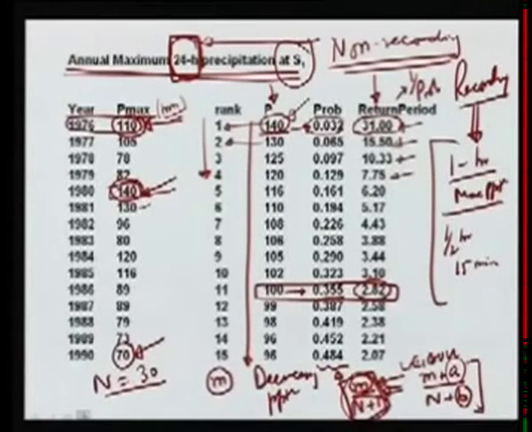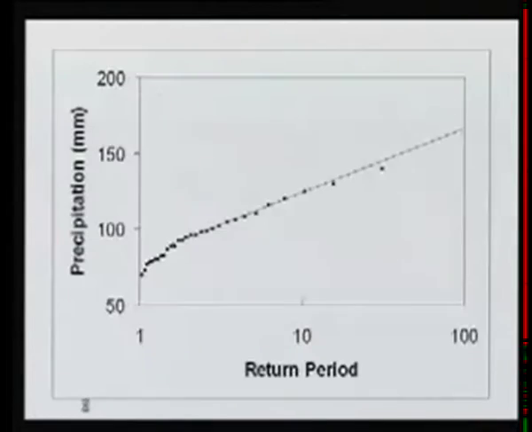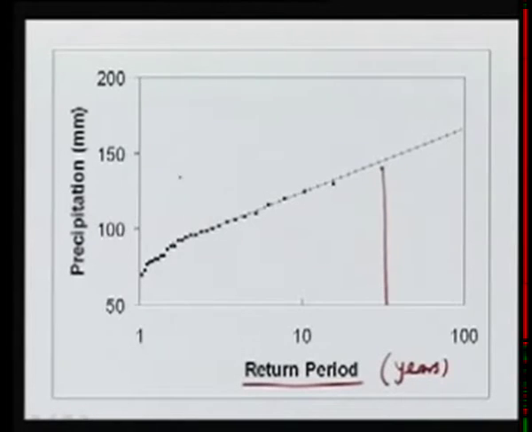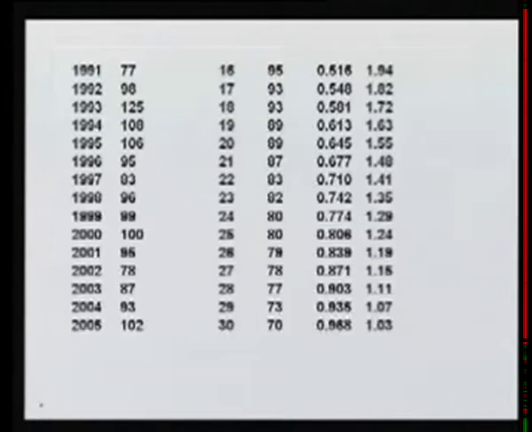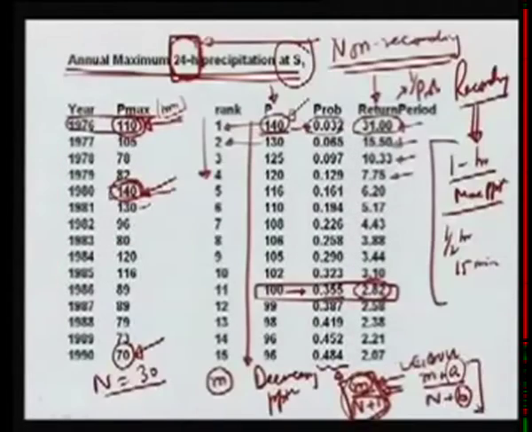So, for example, 140 corresponds to return period of 31.